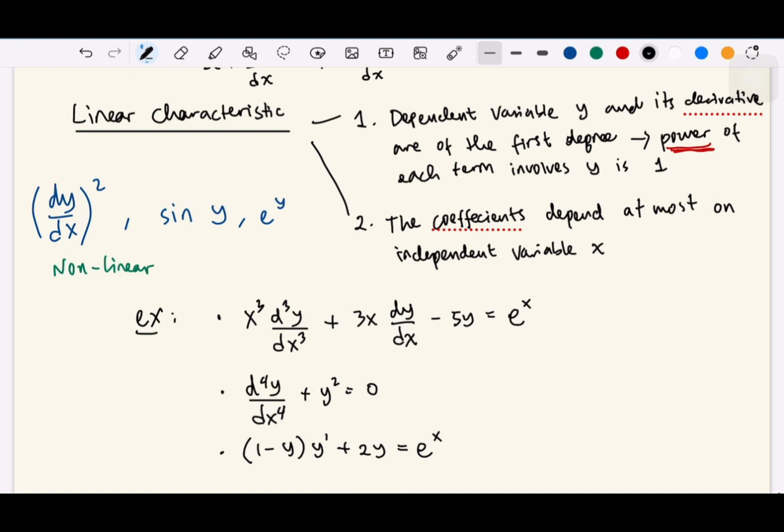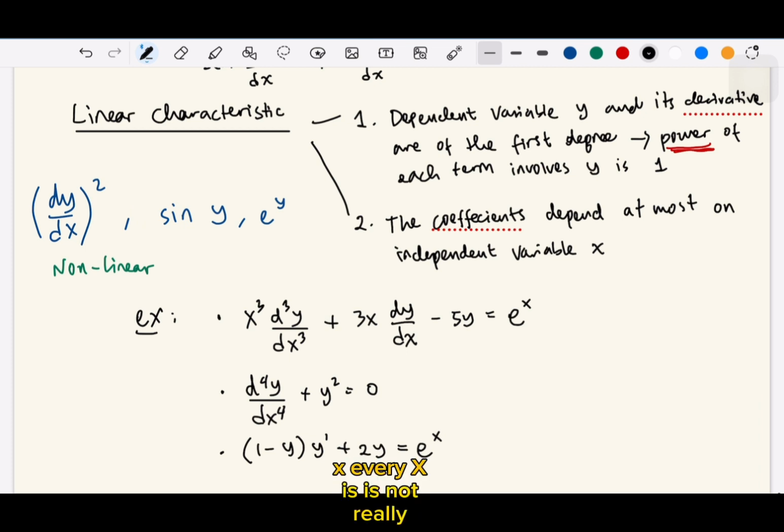If you still feel not really convinced, it means that we need to have some more examples later on. Okay, so the first one is linear.